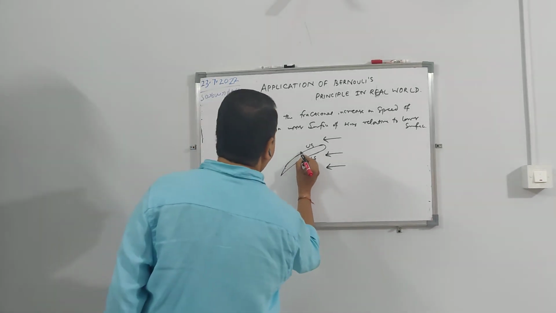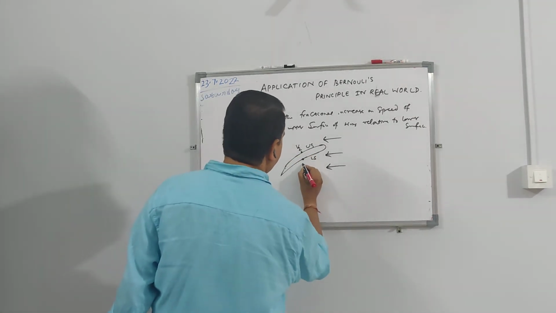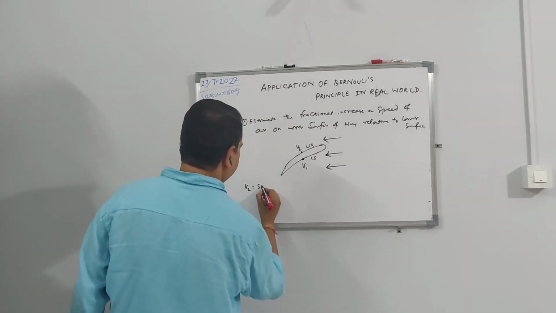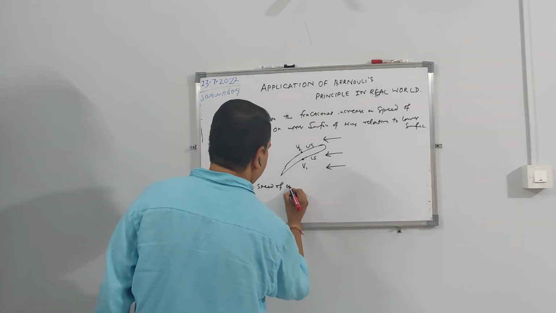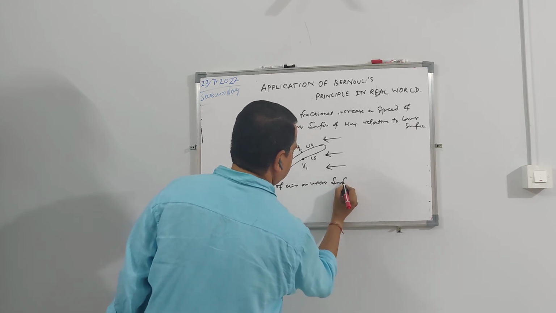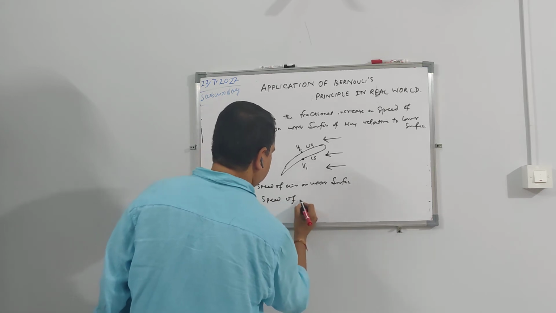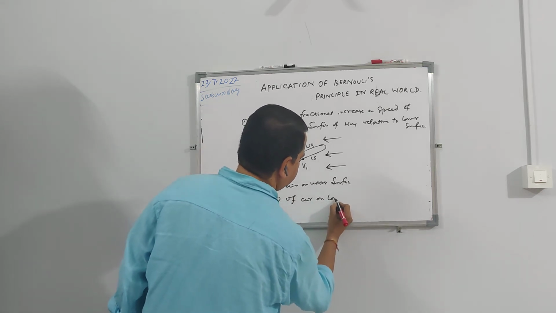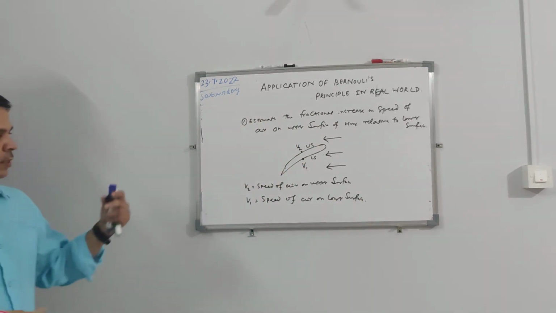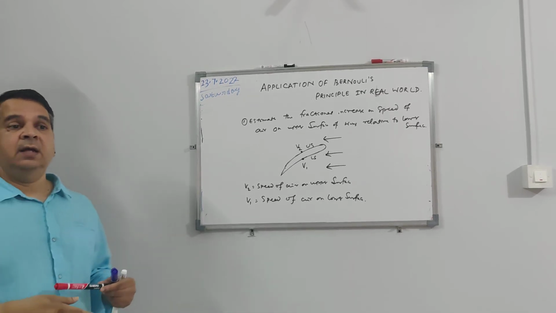Let us say V2 is the speed of air on the upper surface, and V1 is the speed of air on the lower surface. You know that because the pressure is less there, the velocity will be more there.